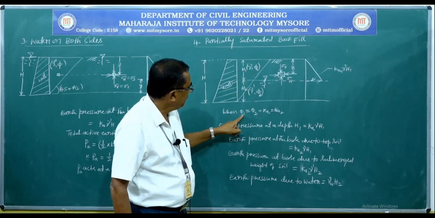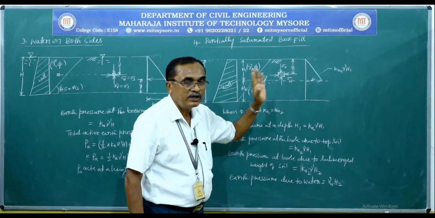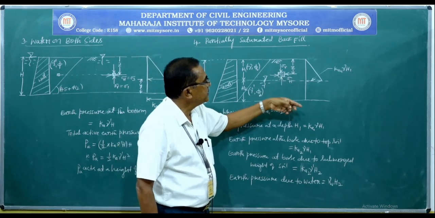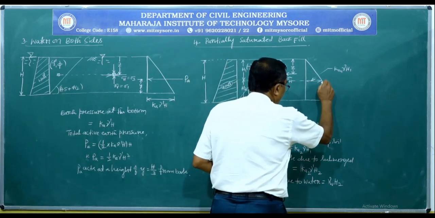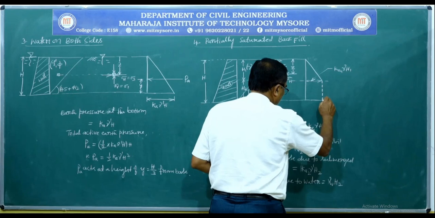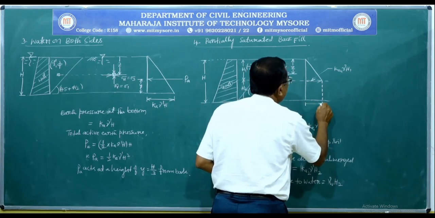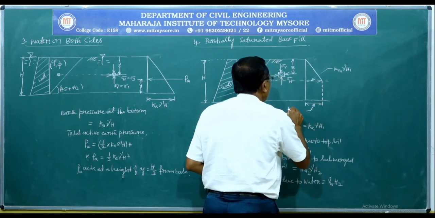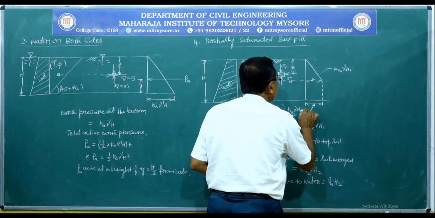As phi1 is equal to phi2, Ka1 is equal to Ka2, and there is no change in the value. The pressure at the base due to surcharge is almost the same, Ka1 into gamma into H1 only. But for clarity we can write it as Ka2 into gamma into H1.